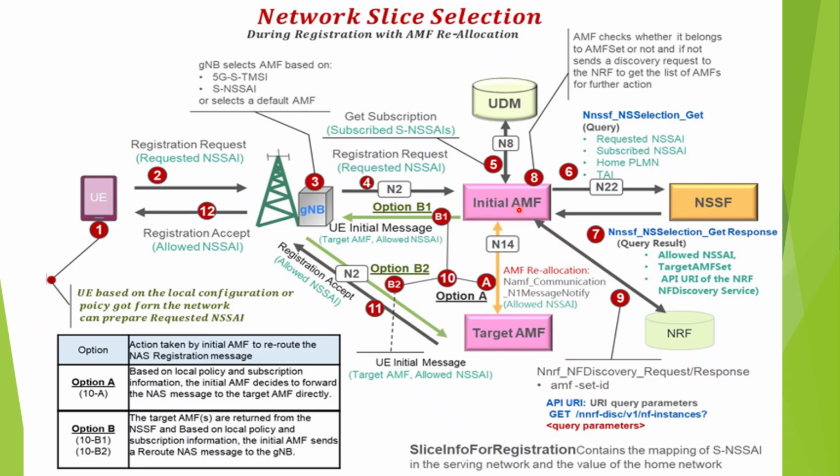So this is the network slice selection process during the registration with the AMF. This cycle is continuous.